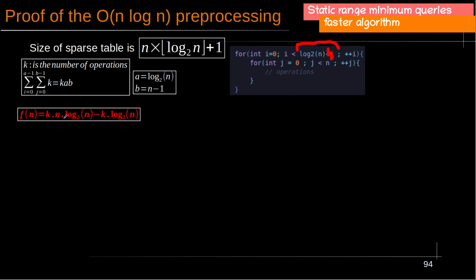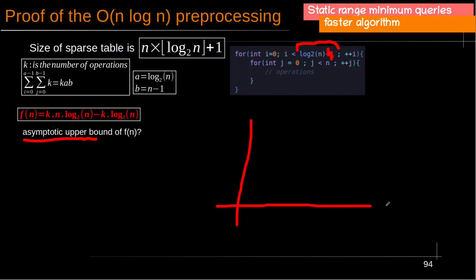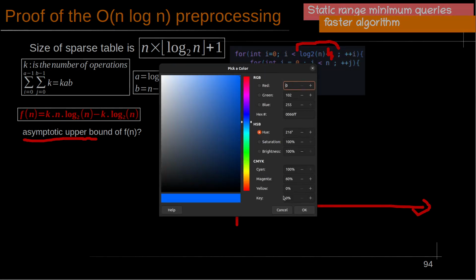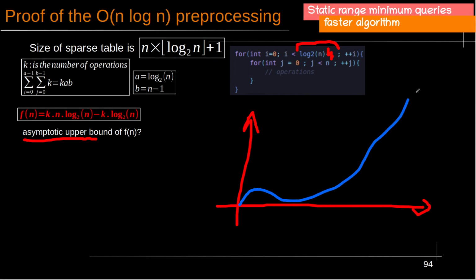Now, to compute the time complexity of the preprocessing, we have to find the asymptotic upper bound of f(n). What does this mean, the asymptotic upper bound? I speak in general here. We have our function f(n).